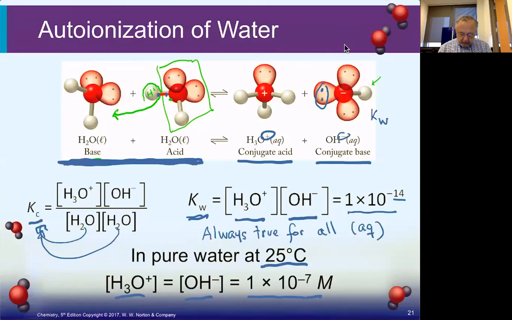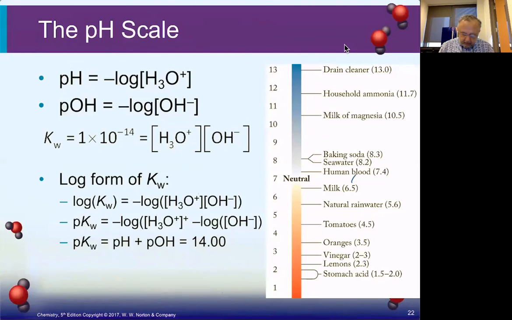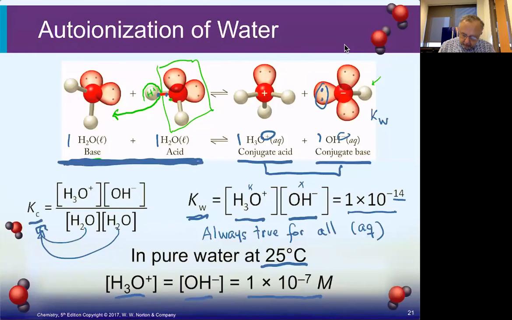Why 10 to the minus 7? Because if you remember here, the stoichiometry is 1 to 1 to 1 to 1. So the hydroxide ion and the hydronium ion are always formed in a ratio of 1 to 1, which means that if this is X, then this one will be X. So X squared is going to be 10 to the minus 14.